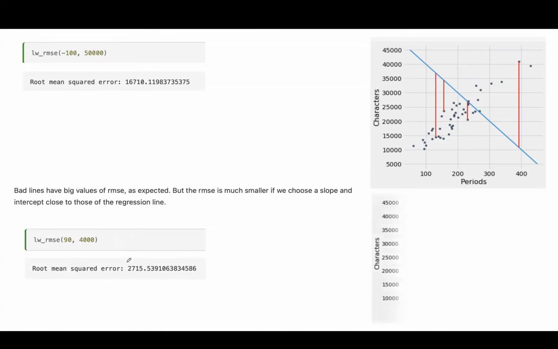They might look like big numbers, but comparing to the values that you have in your data set, they might be negligible. So it's very important to always take a look at your data. What is the type of data that you're looking at? For example, here you have the number of characters, you have 10,000, 15,000, 20,000, and so on. So 2,715 looks very okay.